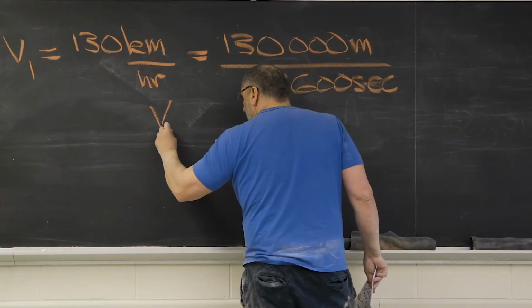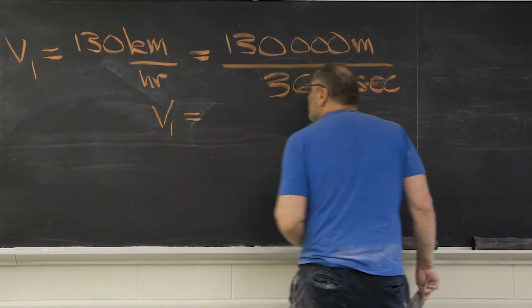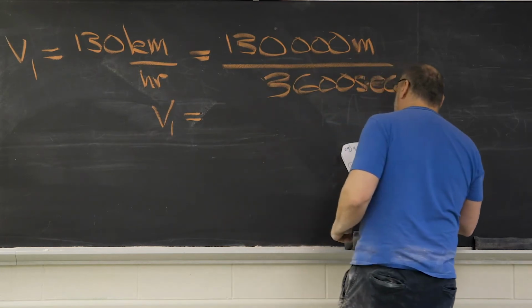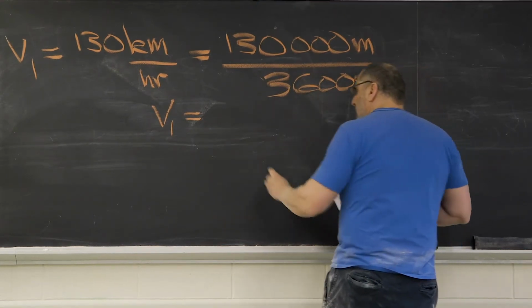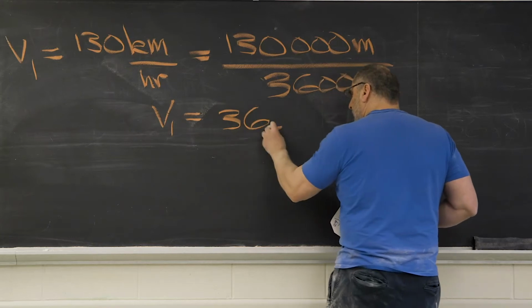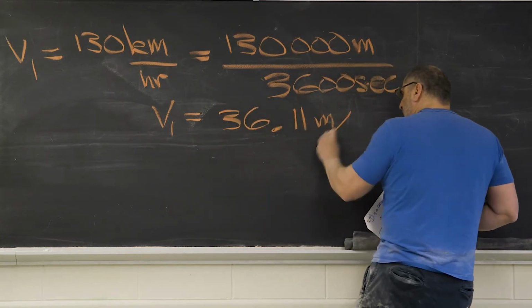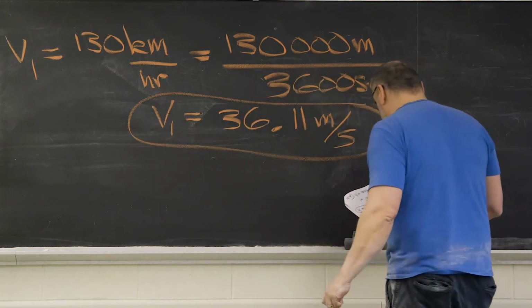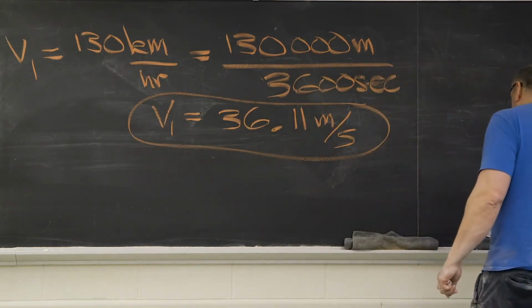V1 for train 1: 130,000 meters divided by 3,600 seconds, you got 36.11 meters per second. We got that.